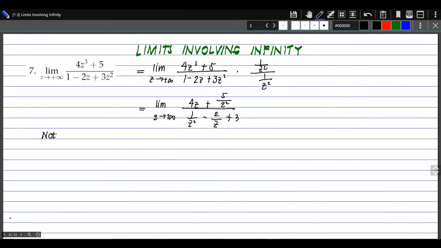Note that the limit of the numerator, 4z plus 5 over z squared, as z goes to infinity is positive infinity.